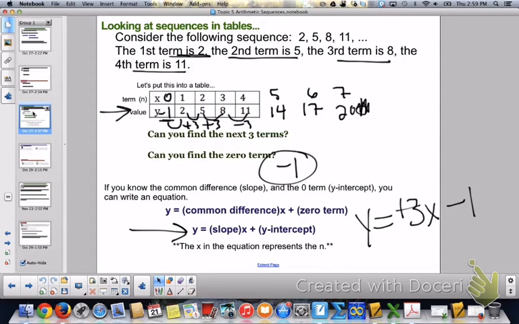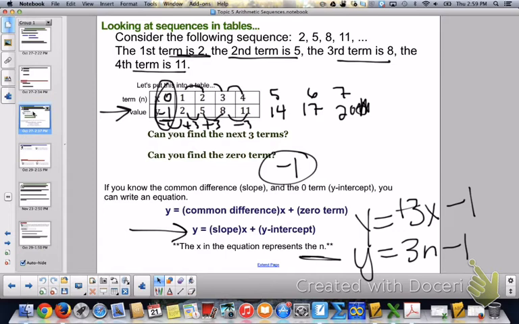So the slope, since this is always over 1 for our run, the slope is what our change is, so up 3. And then your y-intercept is what your 0 term is, because when x equals 0, you have a y-intercept. So the x in the equation here represents the n. You'll see a lot of these questions say write the equation for the nth term. The x stands for n, so you could write it as y equals 3n minus 1.